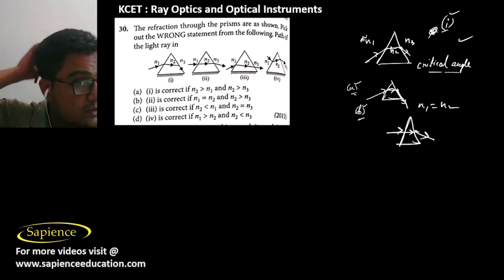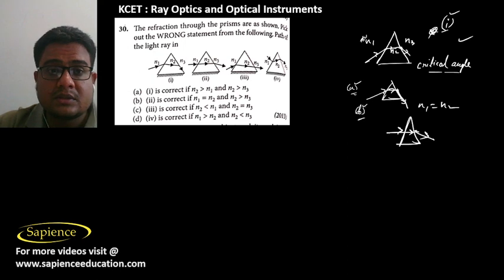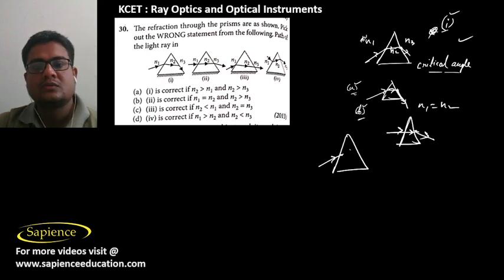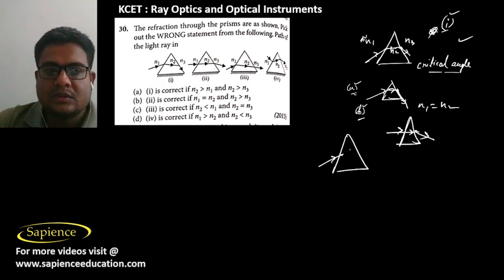And the option C, 3 is correct if n2 is less than n1. If n2 is less than n1, then it will bend away from the normal. It will be like this. So third one is wrong.